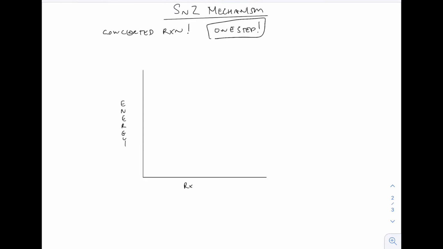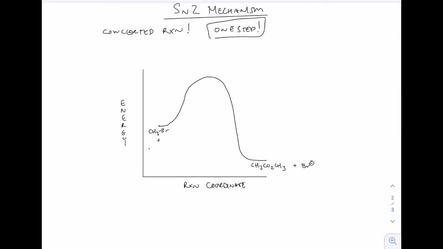And here's our energy diagram. We got the reaction coordinate again on the bottom. And this would be for an exothermic reaction. We have methyl bromide getting converted to this compound on the bottom right. And then we also have our acetate as our nucleophile attacking, right? I'm going to change this to a dotted line because it's going to help us envision the transition state, which I'm drawing here on the top.